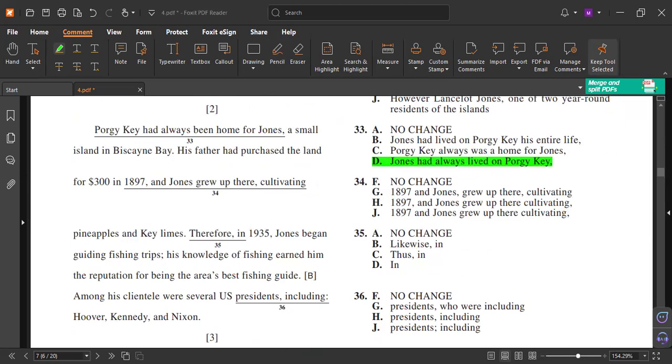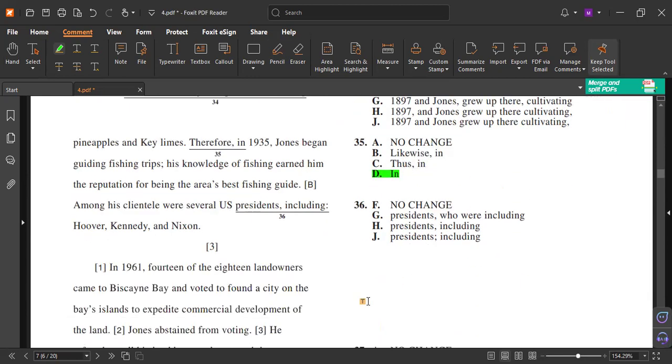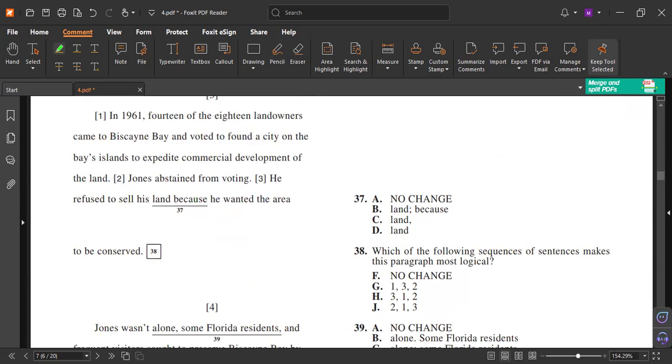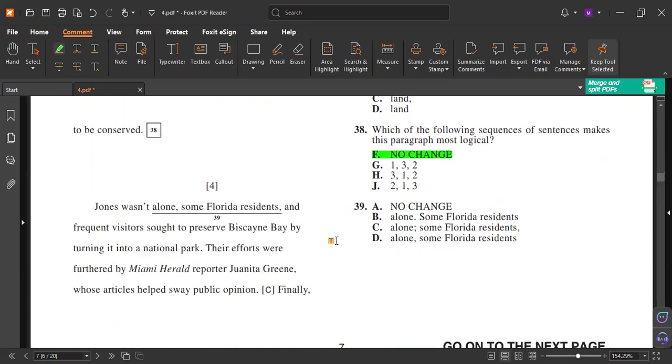34F. 34, correct. 35D. 35, correct. 36H. 36, correct. 37A. 37, correct. 38F. 38, correct.